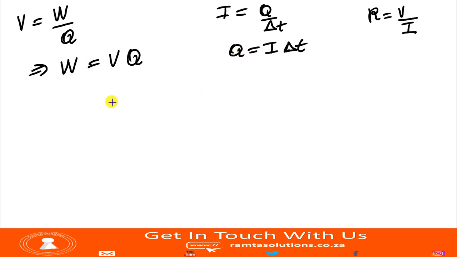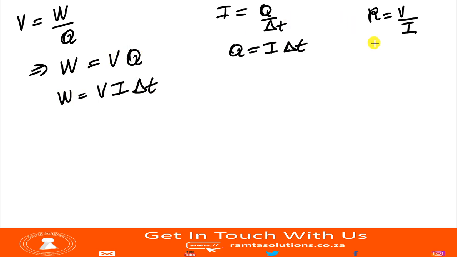So this W can basically be, where there's Q, I'm going to put I delta T. So it'll be V I delta T. So you see, now I'm expanding. Now, I don't have a V given.